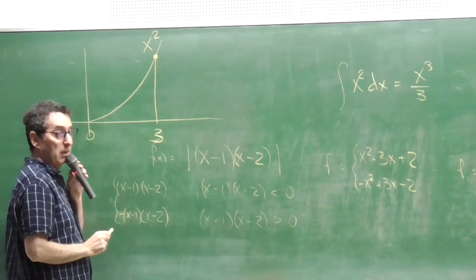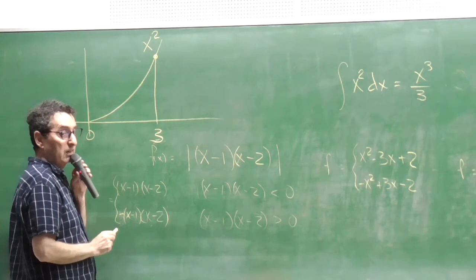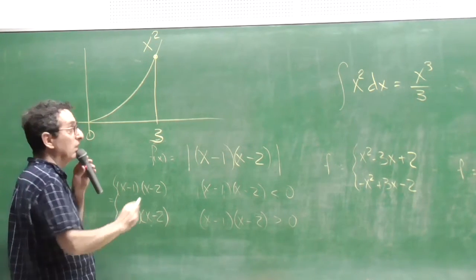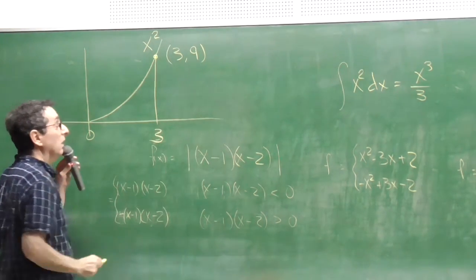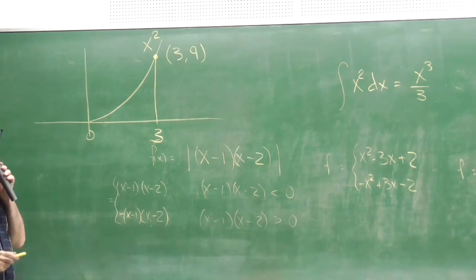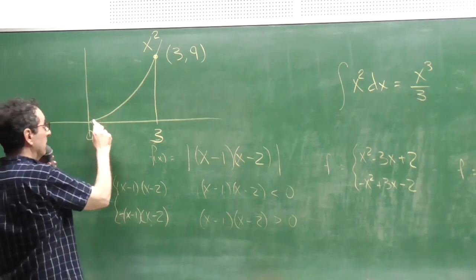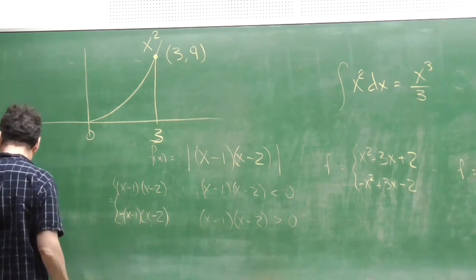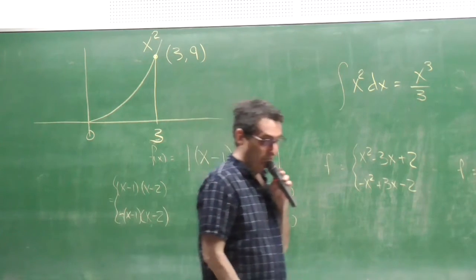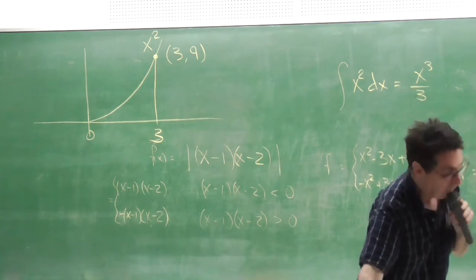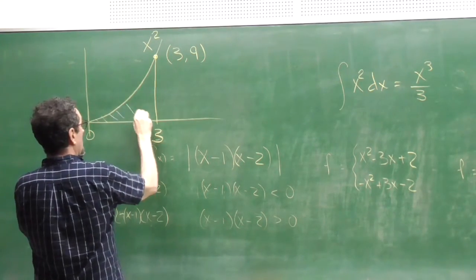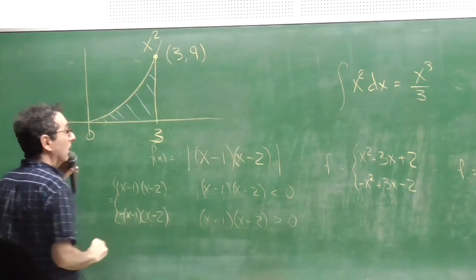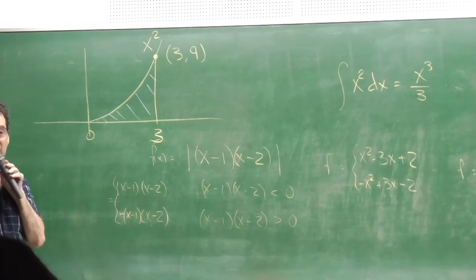When x equals 3, y equals 9, right? Well, this point is 3, 9. So the question is, what is this area in there? Which doesn't seem like there's any way to know. Right, this area here. Okay, that seems pretty hard.